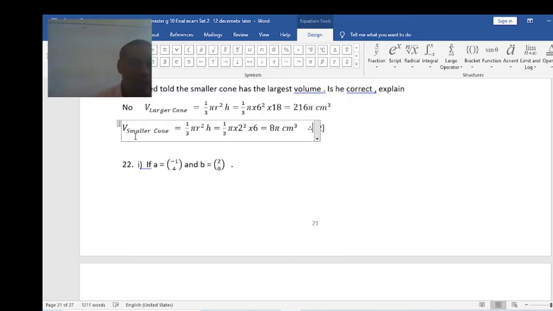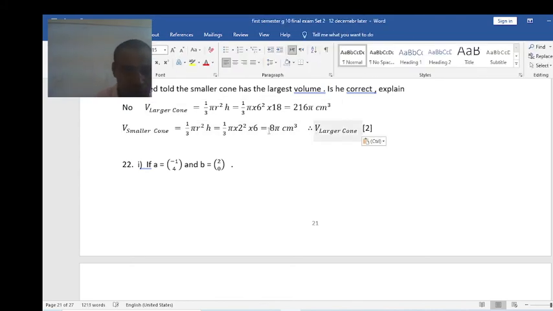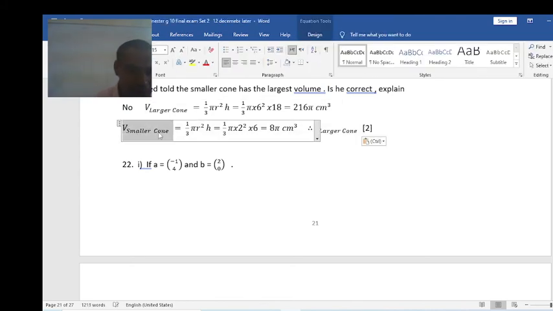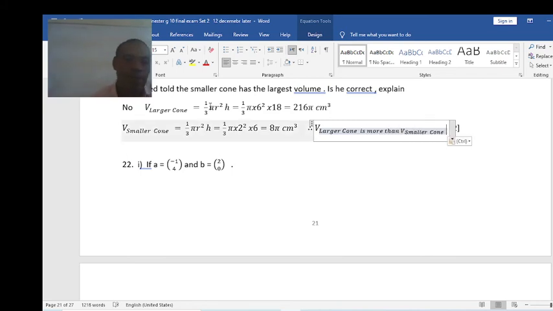Okay, therefore, I will use this one, copy, I'll put here. Then I will use also this one, copy, and is more, this is more than, paste. Yes.